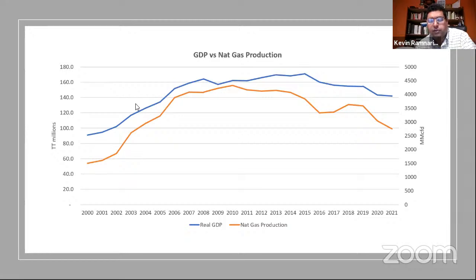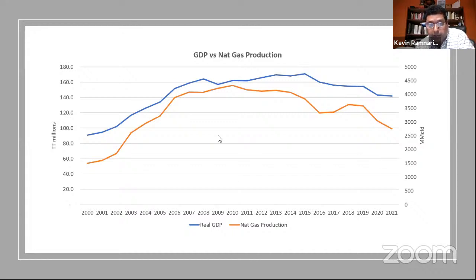And this graph shows the parallels between GDP and natural gas. And the point I want to make here is that at the end of 2021, our real GDP is going to be back where it was, if you do the interpolations on the graph, back to where it was in 2006, and our gas production at the end of 2021 is going to be back where it was in 2004.